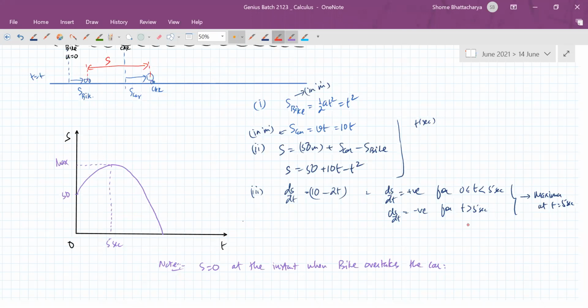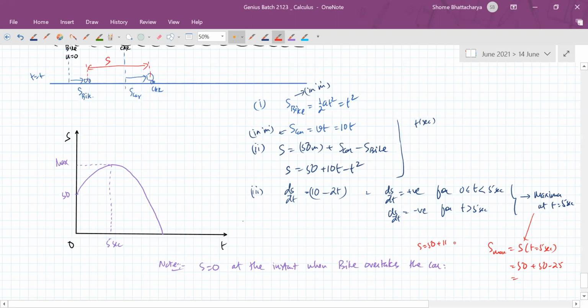So this maximum distance that will be there, that will be how much? It will be distance at t equal to 5 seconds. So it will be 50 plus 50 minus 25 from this, because s was equal to, using this value, it will be 75 meters. So it will reach a maximum of 75 meters.